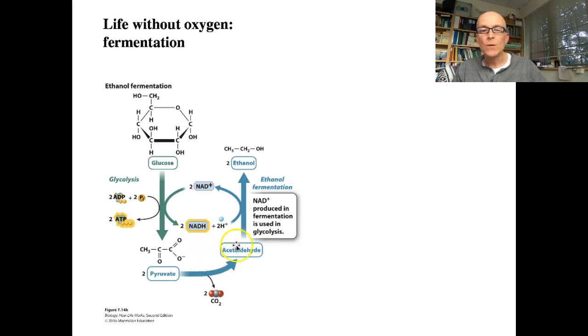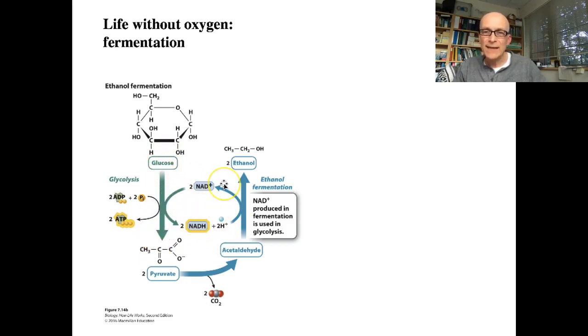Well, in this case, we're making acetaldehyde, no CoA stuck on. Carbon dioxide comes off, and then this requires these NADHs that were produced. So it now needs these hydrogens back. So it takes those and it sticks them on the acetaldehyde, and that allows it to produce ethanol. Now it has NAD plus again, which it needs for glycolysis to work.